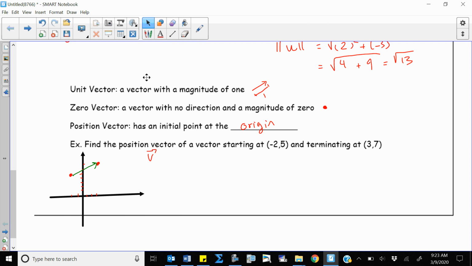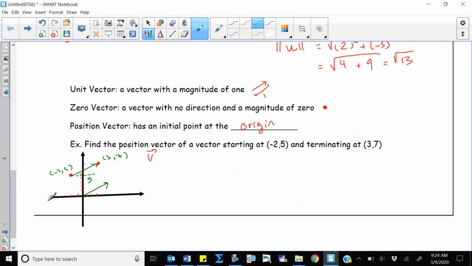But what is my position vector? Position vector is this vector when it starts at the origin. Means I need to move the starting point to the origin. Now this is going to be my new vector. How do I find the x and y component of the vector? If this was my original vector, I know that because this is (-2, 5) and the terminal is (3, 7), I have to go 5 to the right from -2 to reach 3.